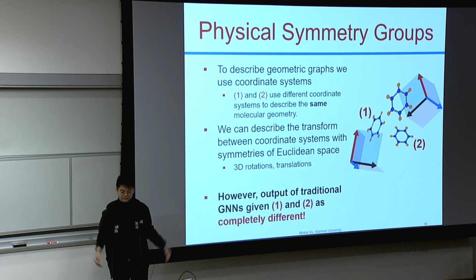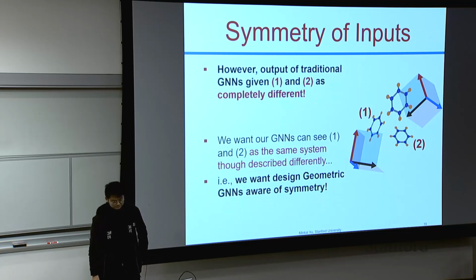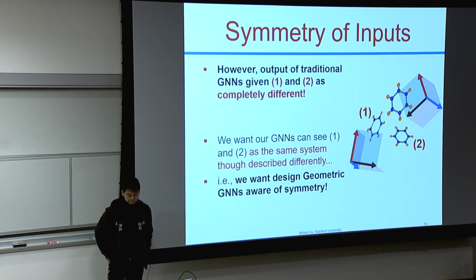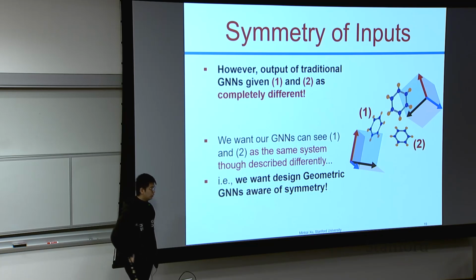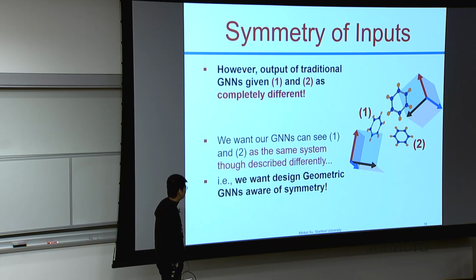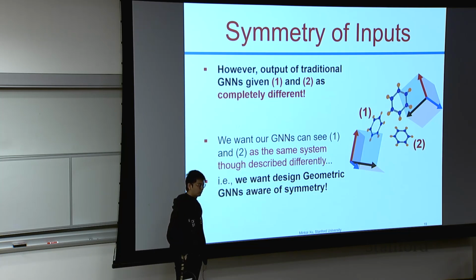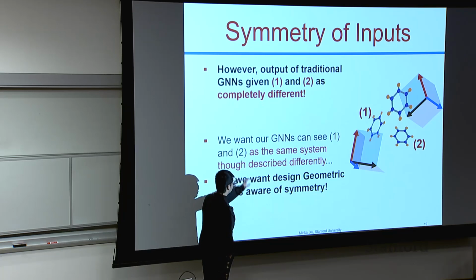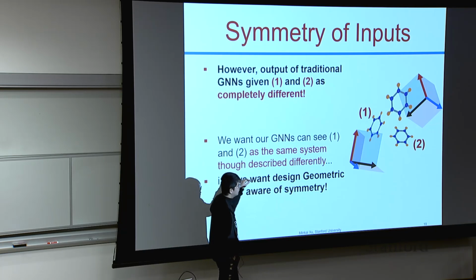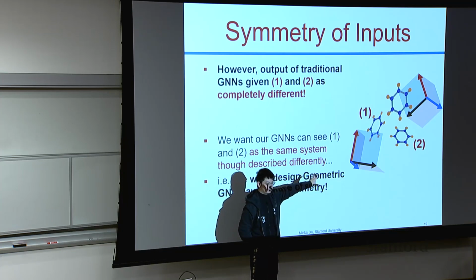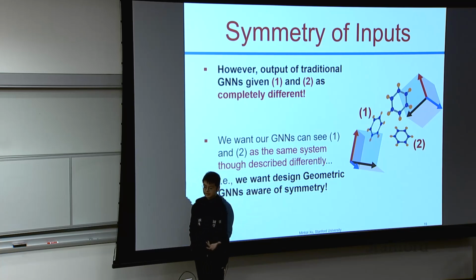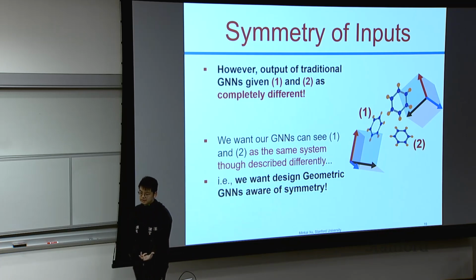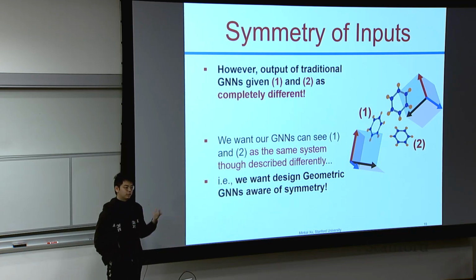They say, oh, they are different. So let's think about a novel method to make our graph neural network see that these two geometries are described differently, but they should be the same. And when we make a prediction, the prediction should be the same.